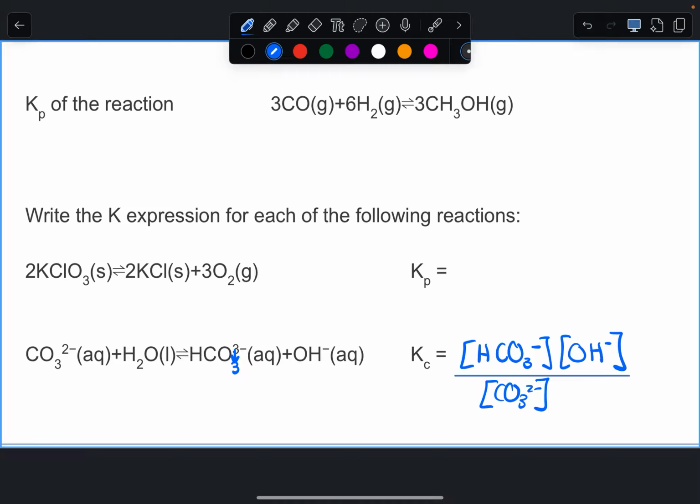Okay, so do the same thing for the one above. Write the Kp expression.